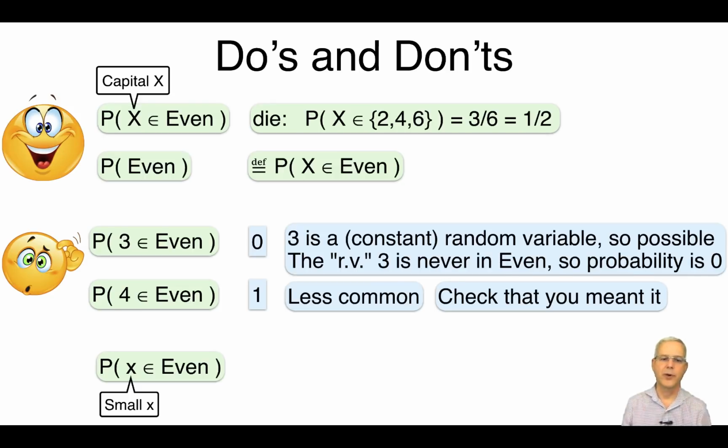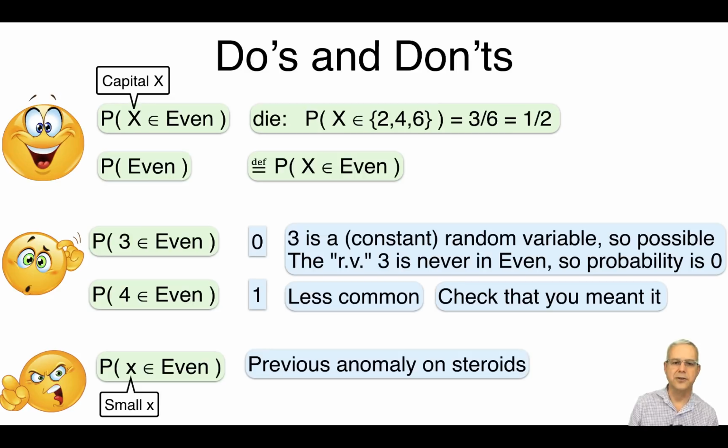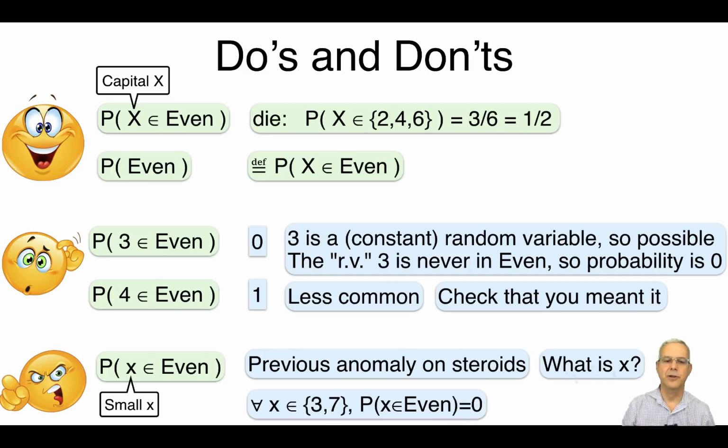How about writing the probability that small x belongs to even? Well, that's even less likely. Because what is x here? This is like what we had in the previous two lines, but even worse, because it's not clear what x is. So you need to clarify here what x is. For example, you can write it for all x in {3, 7}.